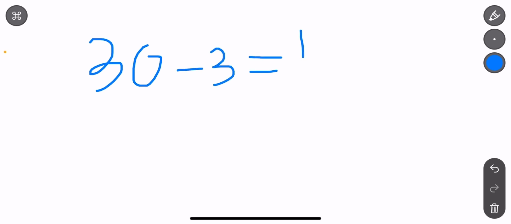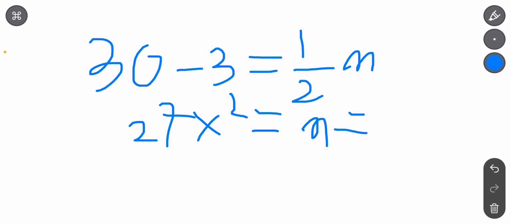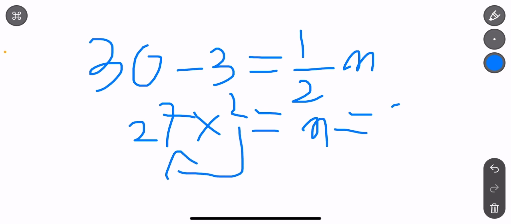We have 30 minus 3 equals one half, and 27 times 2 equals M. Once you multiply this, it gives us our answer: 54 kilograms.